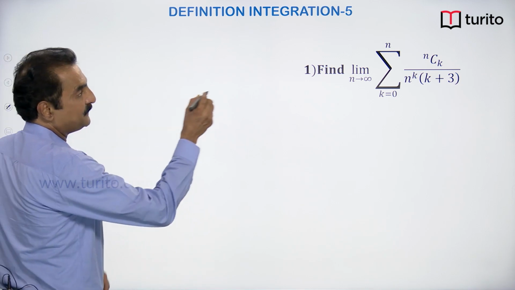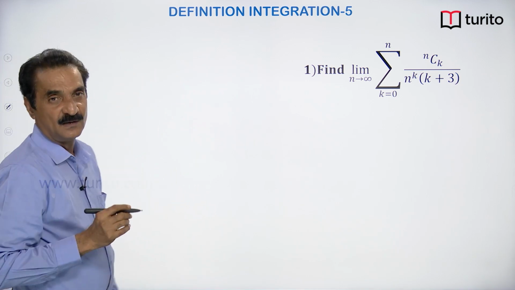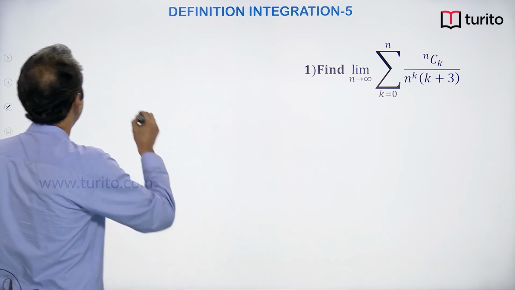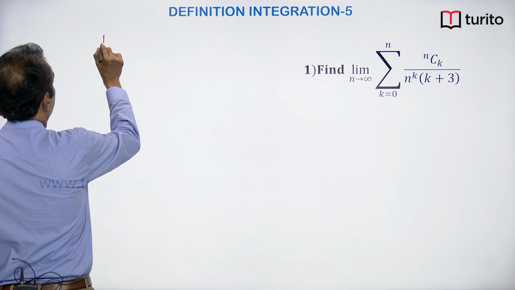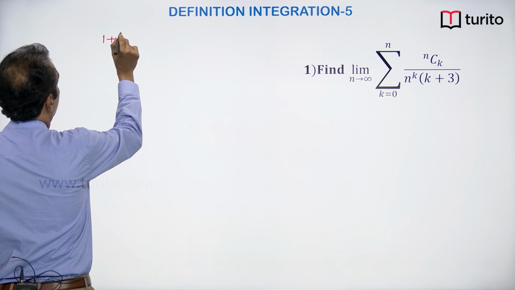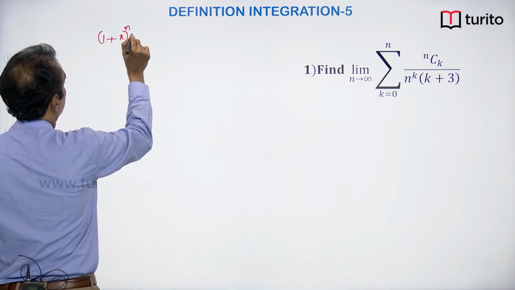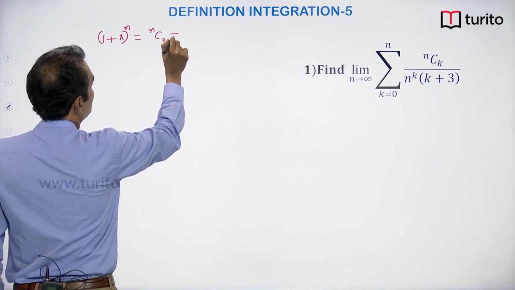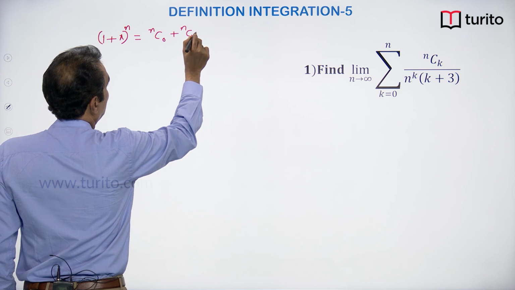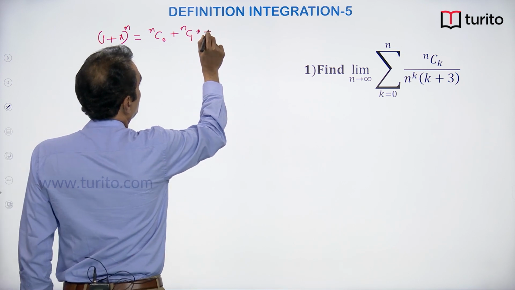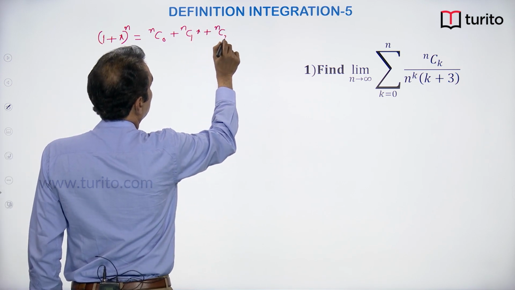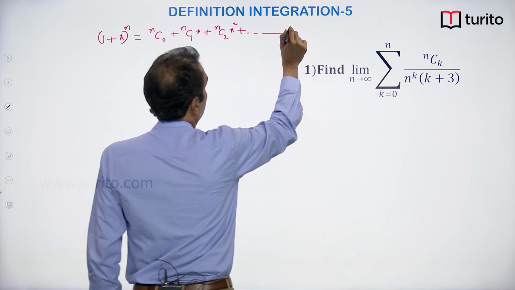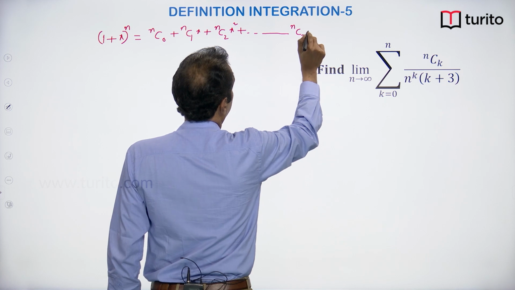All of you are aware of one result, the basic binomial theorem: the expansion of (1 plus x) whole power n, when n is a positive integer, is nC0 plus nC1 into x plus nC2 into x square and so on, nCn into x power n.